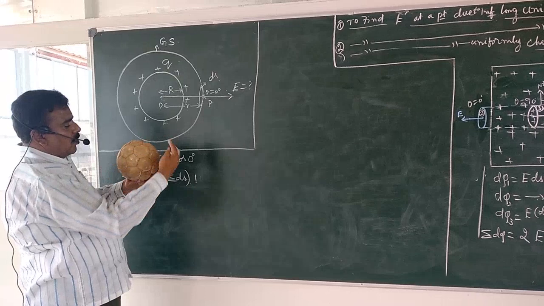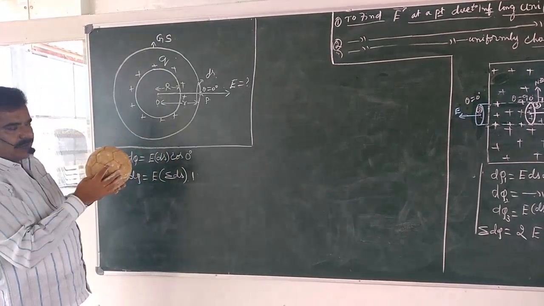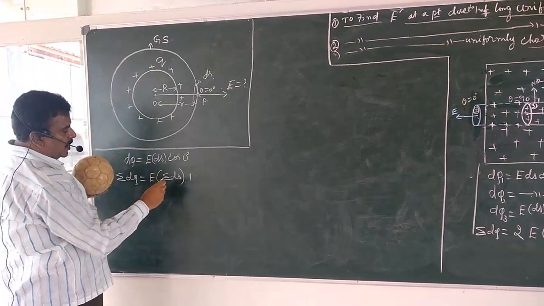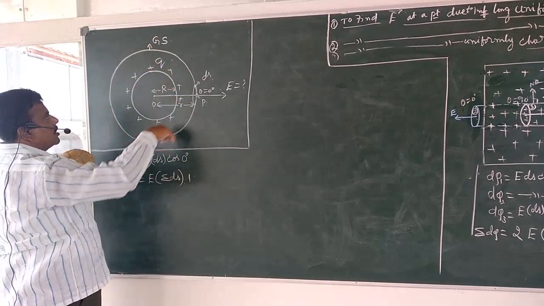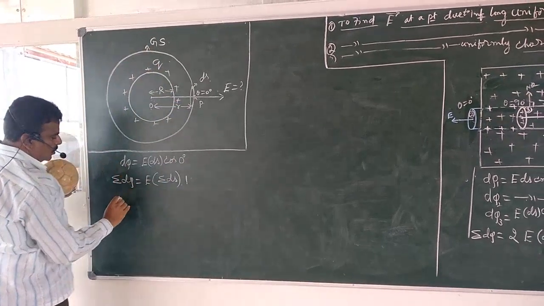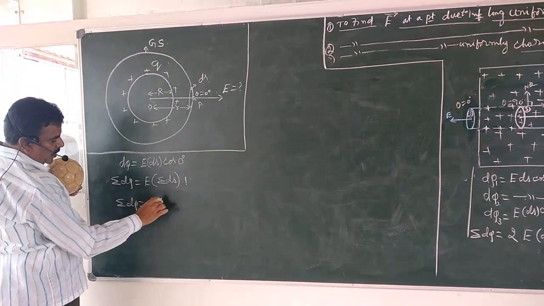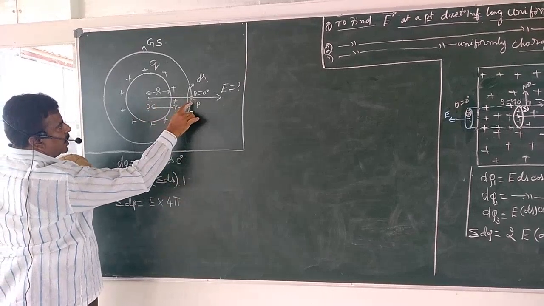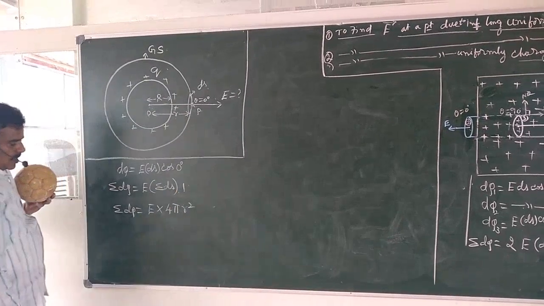If you add all the dS's, if you integrate, the sum of all these dS's is nothing but the total surface area of the Gaussian surface. So, what is the total surface area of a sphere? It is given by 4 pi into radius square. This is the sphere we consider. Therefore, it is this much.